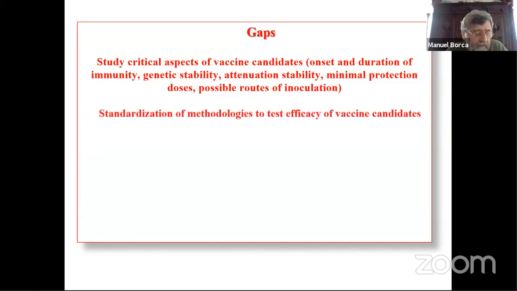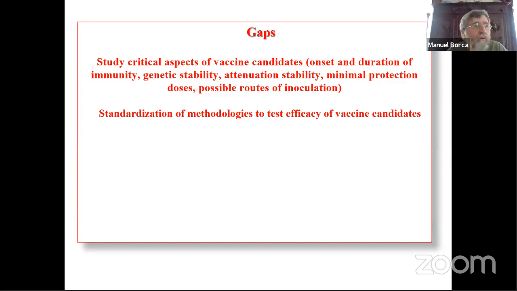I think it's very important to standardize the methodology for testing vaccine efficacy. It's amazing when you go through all the papers how many variables there are, starting from the type of animal that we use, the dose of the vaccine, the route of the vaccine, and very important, the challenge, how much virus is used in the challenge.